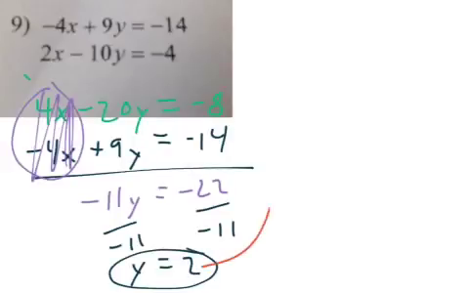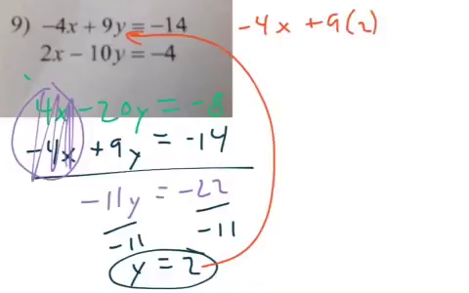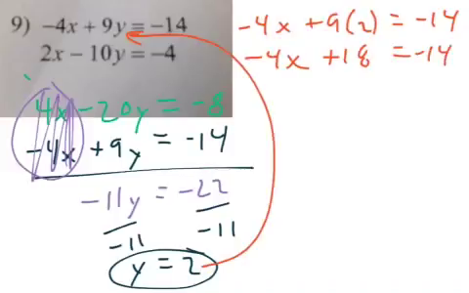And once again, I'm going to do a little substitution. Let's go ahead and use the first equation. You could use either one, but we'll just use the first equation. Negative 4x plus 9y, where y is 2, equals negative 14. Now it's just a matter of solving it. 9 times 2 is 18.